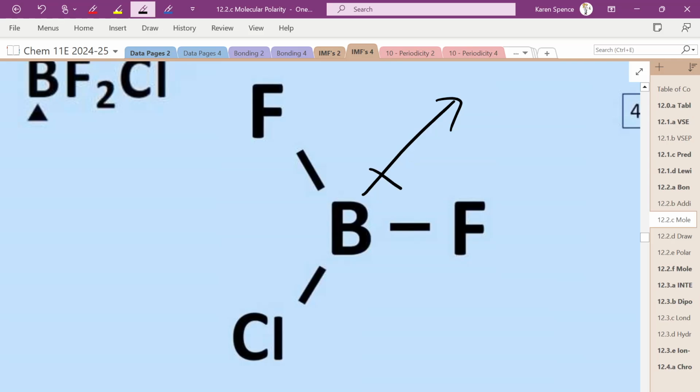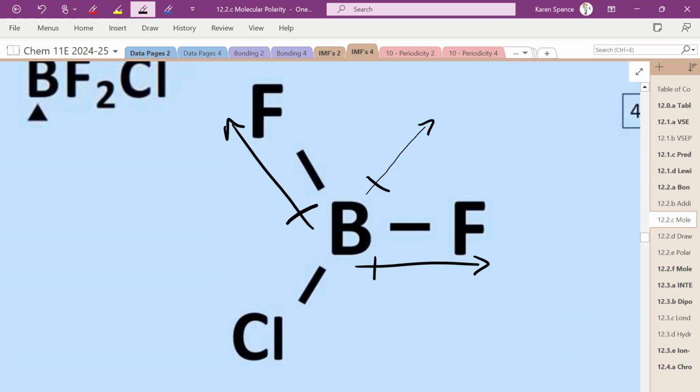I didn't do it quite right. There we go. That's better, kind of. Do we like that? Okay, and if you had to, you could say, okay, I have a strong dipole here, because fluorine's the most electronegative. I have a strong dipole here, and I have a decent dipole here, but it is certainly weaker.